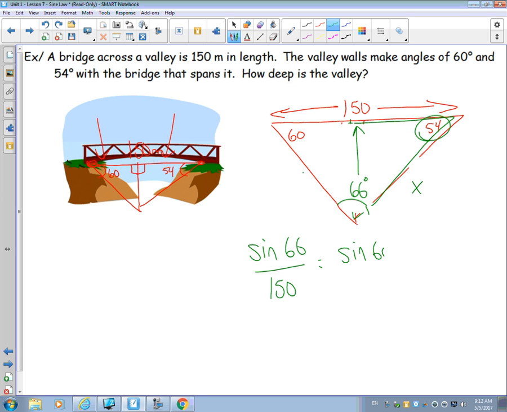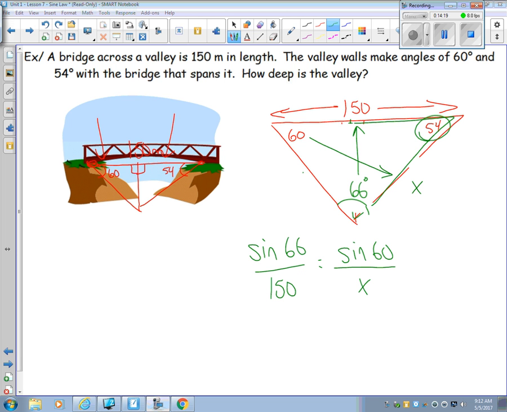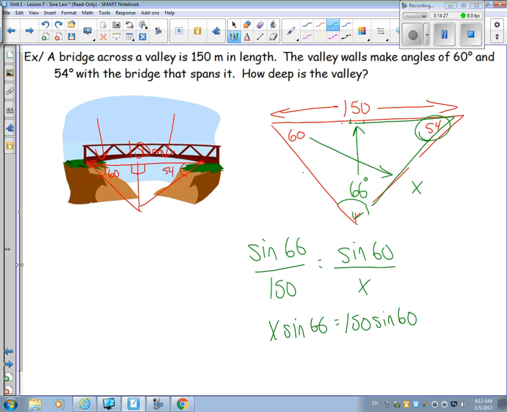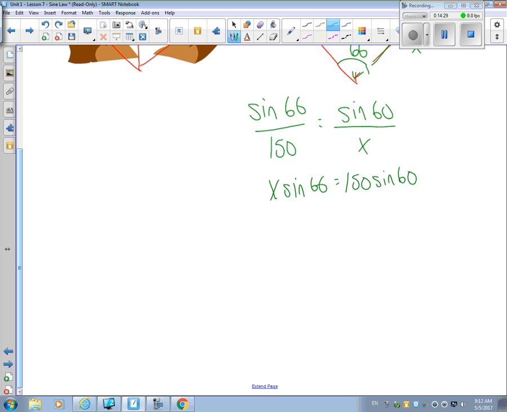Sine 60 goes with x. So do our little cross multiplying. We'll get x sine 66 equals 150 sine 60. We want to get x by itself and divide out 150 sine 60 by sine 66. It's one of our 2 basic problems.